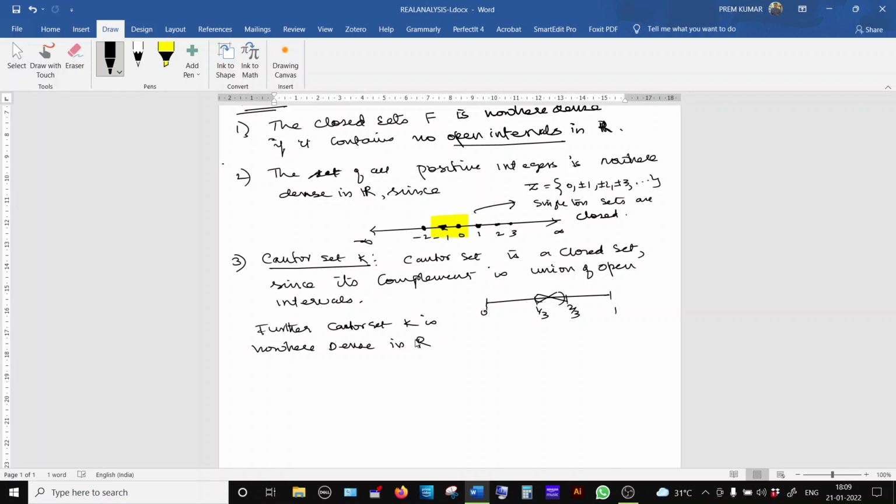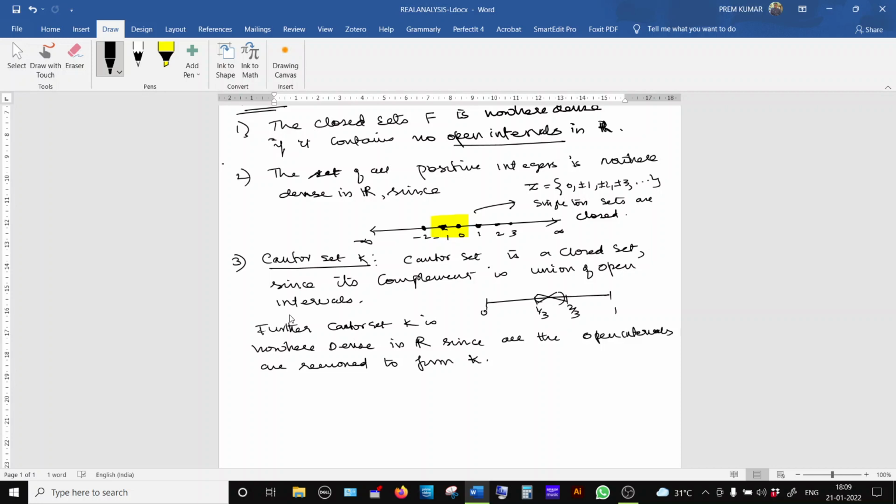It cannot contain an open interval, since all the open intervals are removed to form K. In each step we keep removing open intervals, so it cannot contain any open interval.